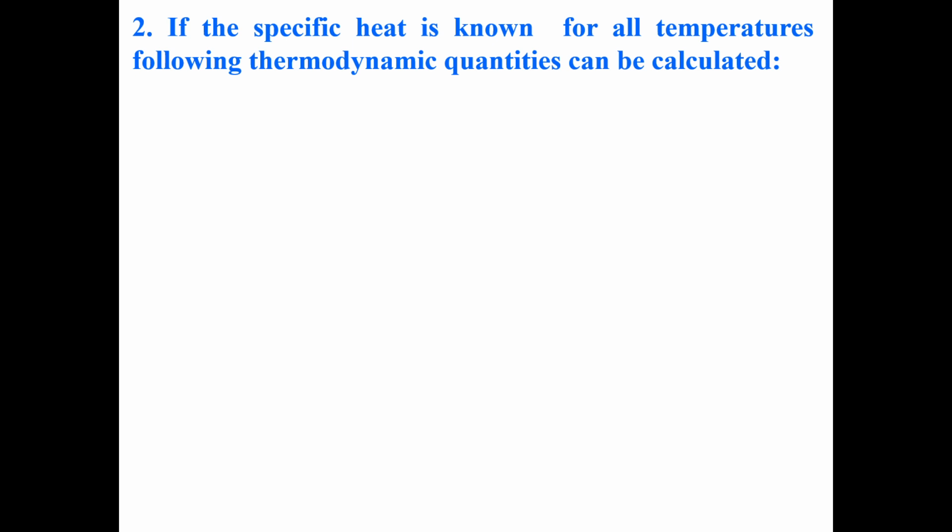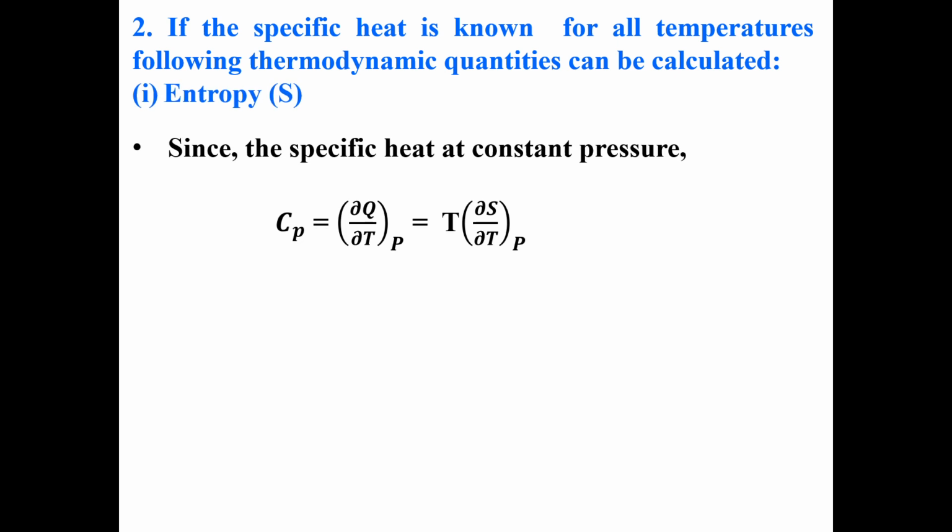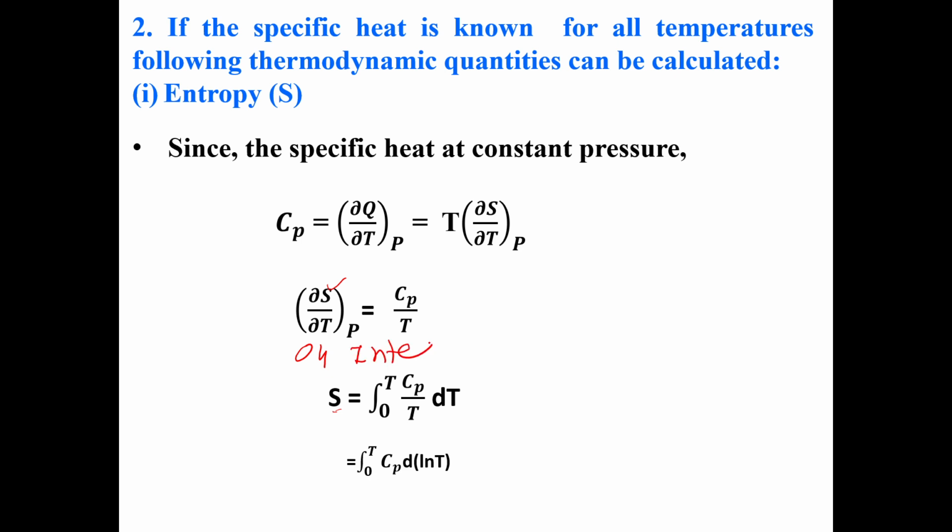The second application is, if the specific heat is known for all temperatures, the following thermodynamic quantities can be calculated. The first thermodynamic quantity is entropy. Since the specific heat at constant pressure is written as, we know it, on rearranging we can write it like this: (∂S/∂T) at constant pressure is equal to Cp divided by T. And S can be calculated on integrating this equation.